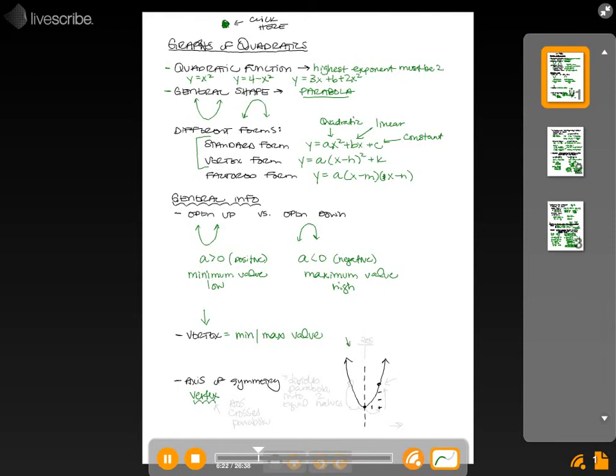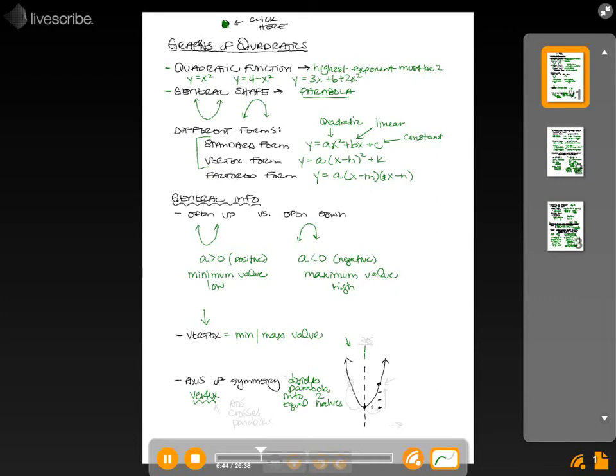If we look at our picture here, the axis of symmetry, let me give you the definition, divides a parabola into two equal halves. Okay, so we have a left side and a right side, and they're identical.